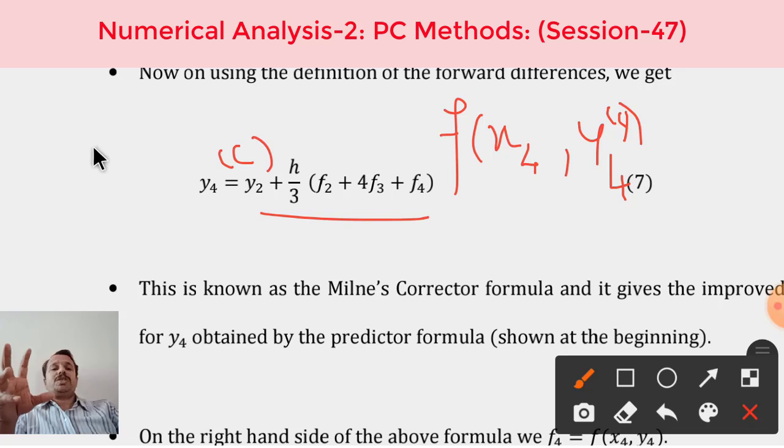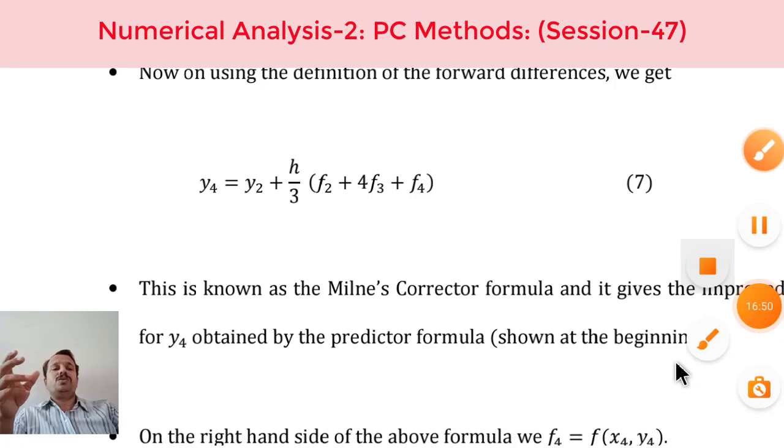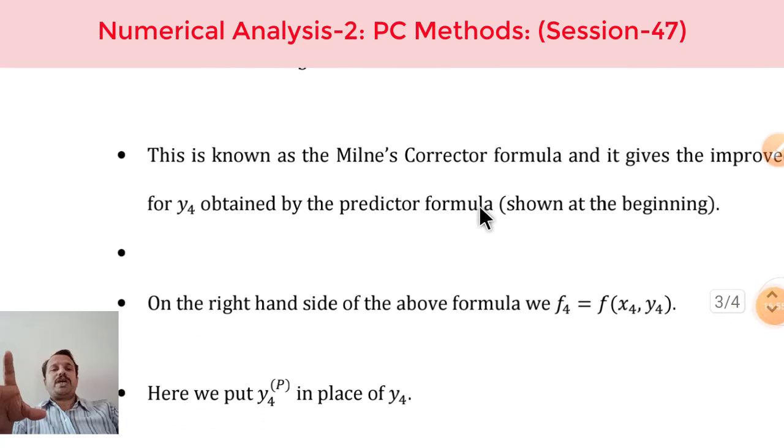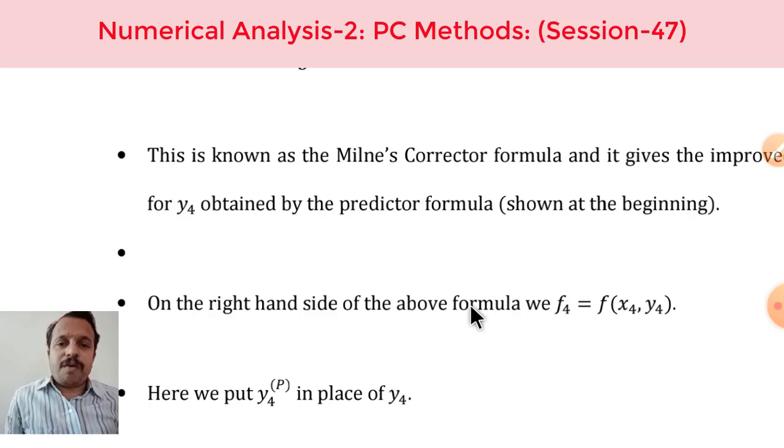So therefore, this corrector formula is an iterative type of formula. We can go on improving the values of y4. In each step, we will be using the previously corrected value of y4, and we will be getting a new improved value of y4.